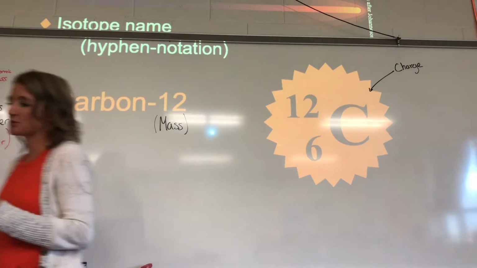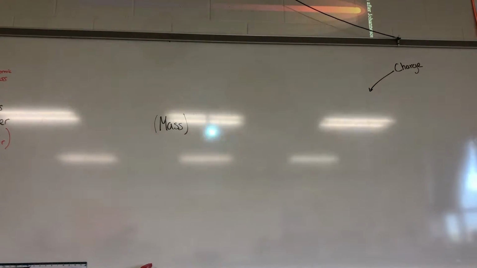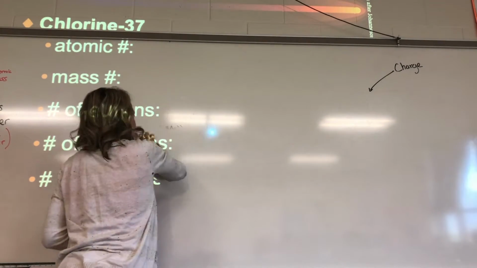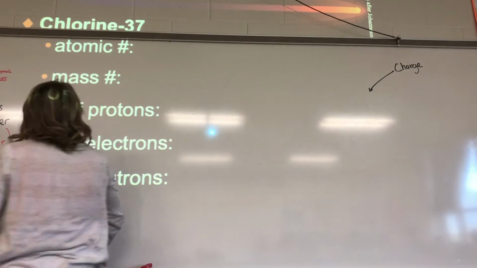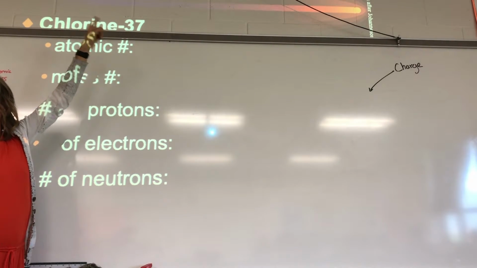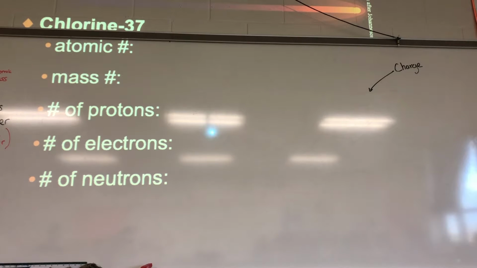So, great question. Okay, let's go ahead and try a practice problem right here. This is similar to what we'll be practicing on our homework tonight. I've given you an isotope, and we need to identify these different parts of it. Our isotope is chlorine-37. First thing I always find if I can, because it's very defined, is the atomic number.